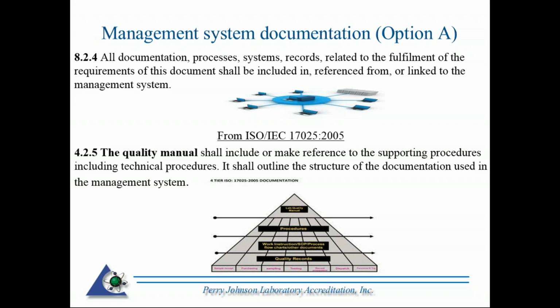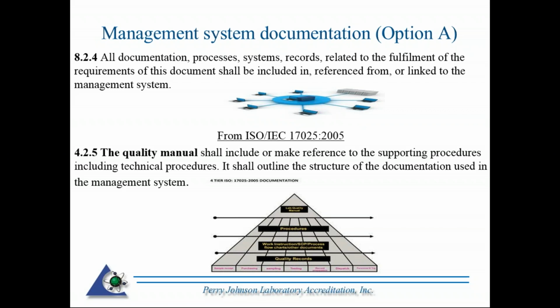Oftentimes, to fulfill this requirement, you would see this pyramid depicted on the screen here, which had your quality manual as a top tier document with things under that, such as internal procedures, work instructions, SOPs, forms, etc., all feeding into the quality manual.